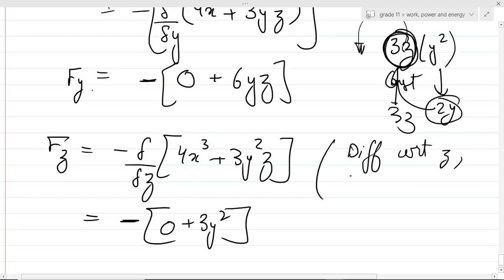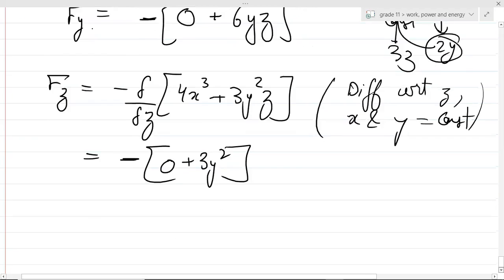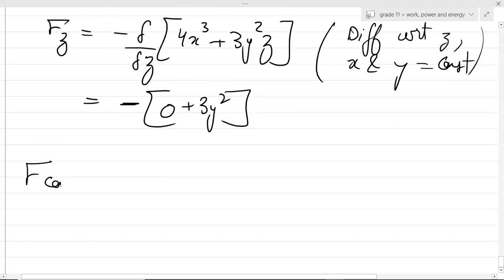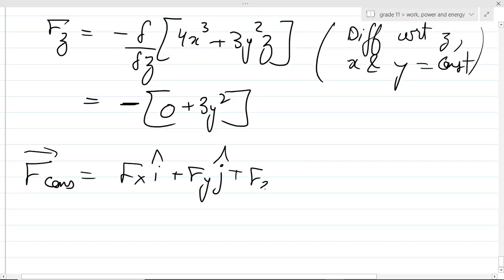Differentiating with respect to z, so assume x and y constant. So this will be Fx, Fy, Fz, and then later on, what will be the final answer? F conservative will be basically what? Fx i cap, so basically you calculated the different components individually. Can anyone tell me what was Fx i cap?